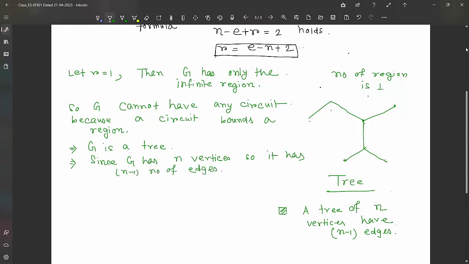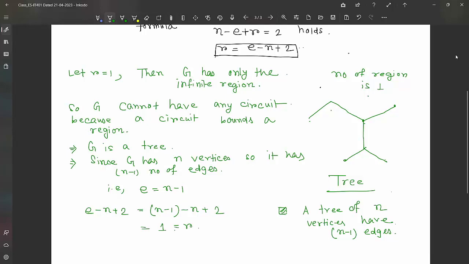This is the property of the tree. That is, the number of edges E is n minus 1. Now put all these values in this equation. E minus n plus 2, placing n minus 1 in place of E, minus n plus 2, is 1, and this is equal to R.